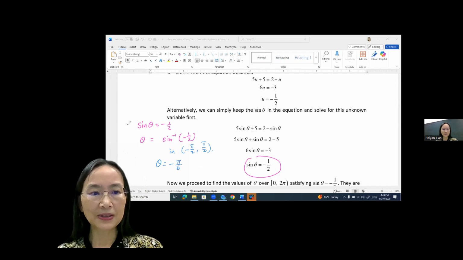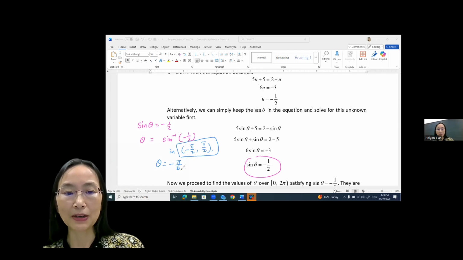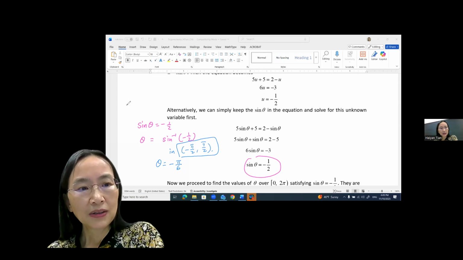Because theta is unique when you do the inverse function, that's a function, right? So when you find a unique theta in that range, it's negative pi over 6. However, that's not enough.